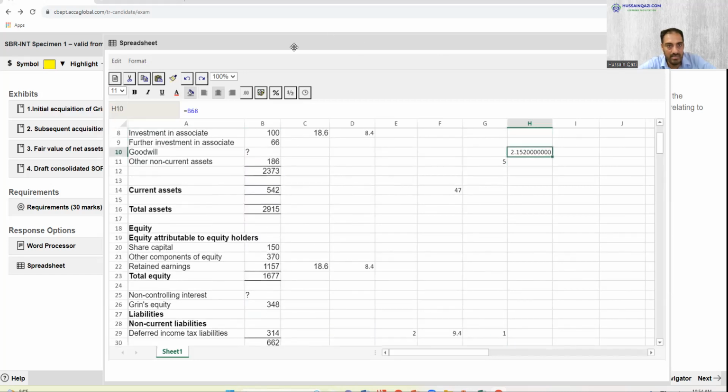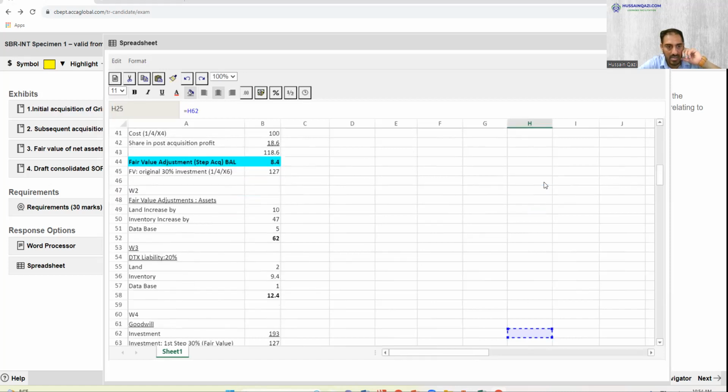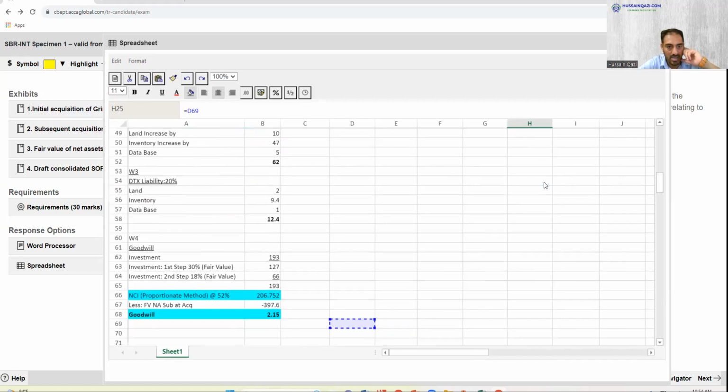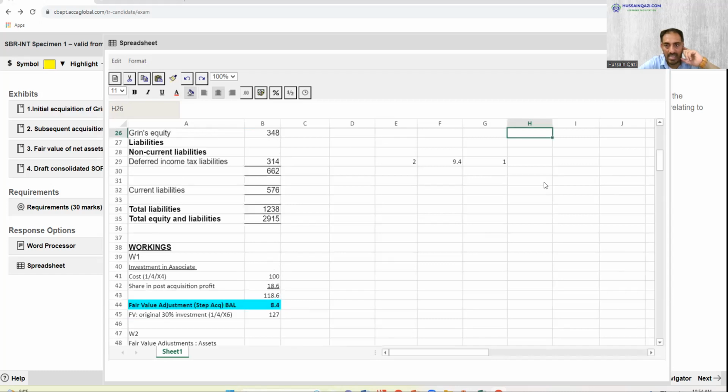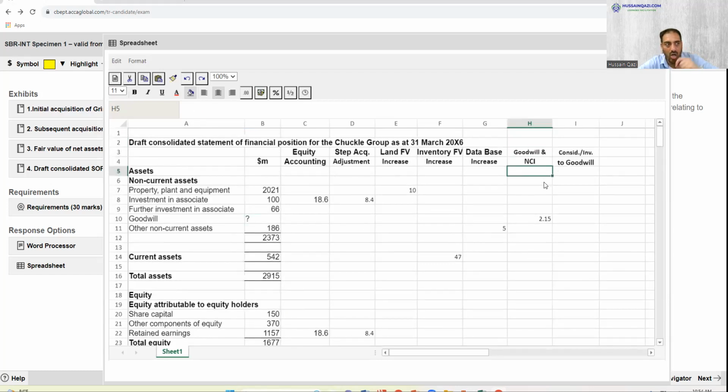Number two, NCI. The NCI figure here. And all the cost of investment must be closed.